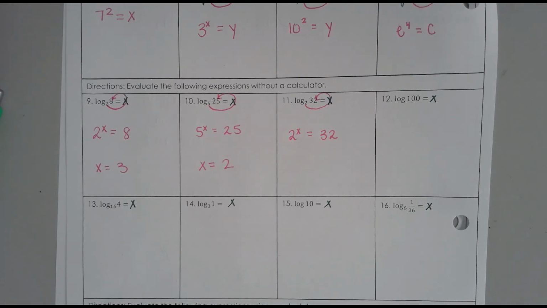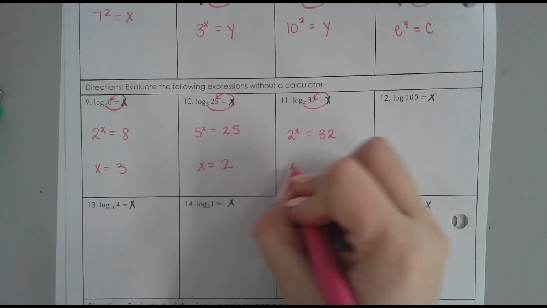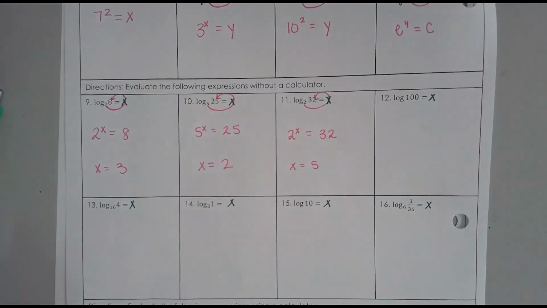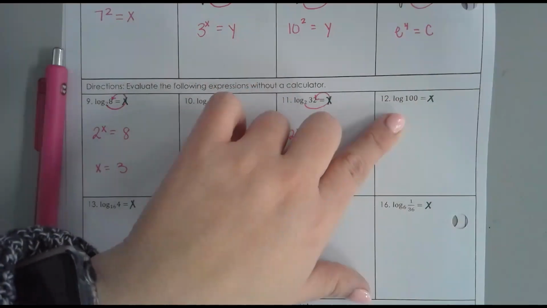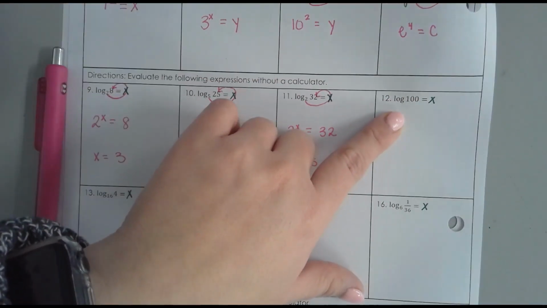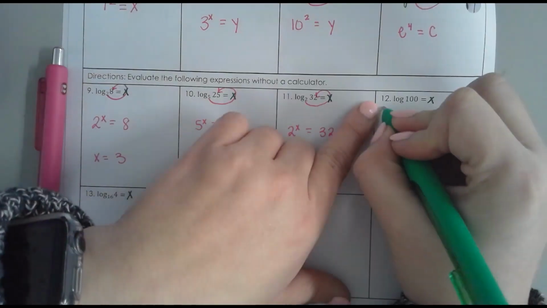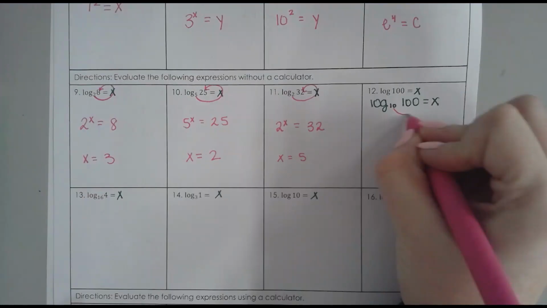How many 2s did I have? 5. So x is 5. Remember, if you don't see a base, a little number, it's 10. 10 to the x equals 100.